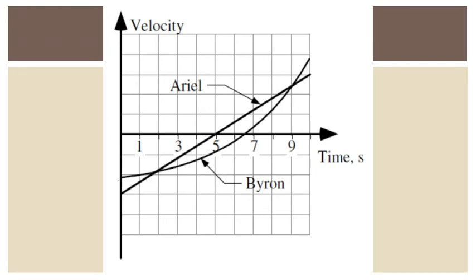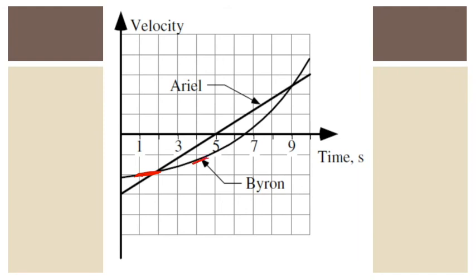Now, Ariel's acceleration is constant because Ariel's line is straight. But Byron has a curved line, and so you have to look at the slope of the tangent line. And so notice, to start, it should be fairly obvious the slope of the tangent line for Byron's curve is significantly smaller than the slope for Ariel's line.